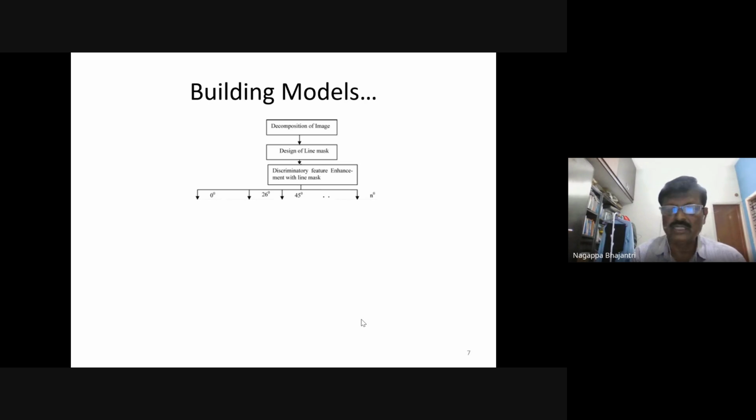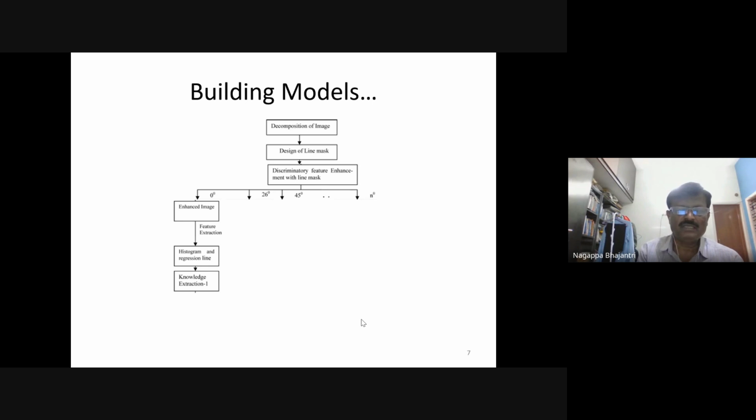That all depends on what type of texture orientation happens in the image. So we approximately exercise different line masks over them, and that gives some clues to the presence of defects or a camouflage portion in the background, as a foreground object.